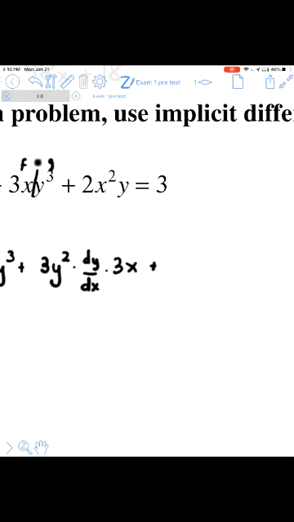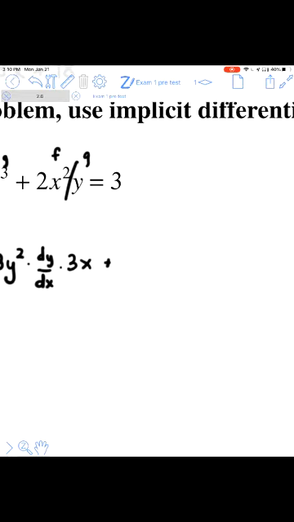Now moving on to the next term, again, this is 2x squared times y. So this could be another product rule where we have another f and a g. The product rule says f prime times g plus g prime times f. The derivative of y is dy dx, times f.